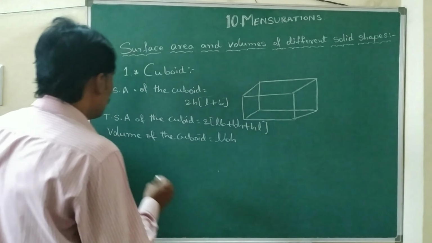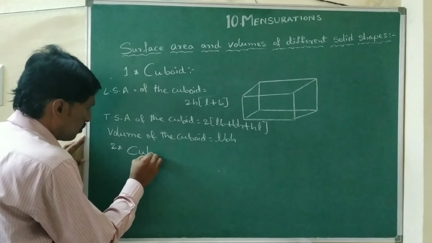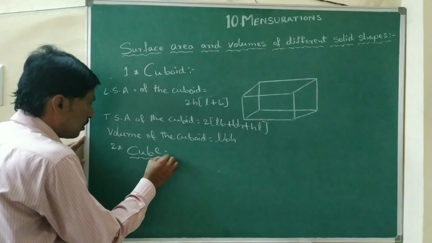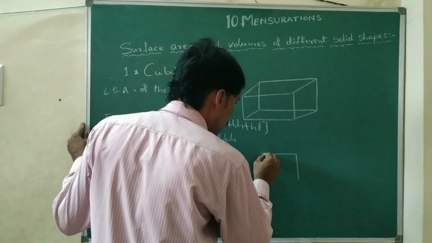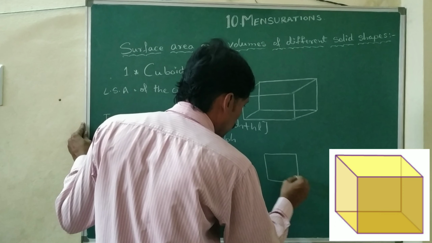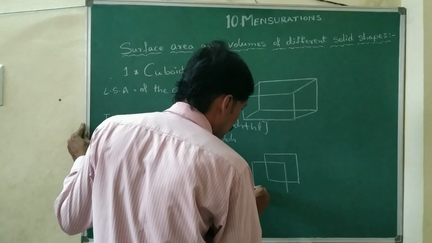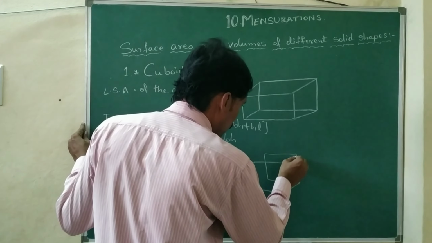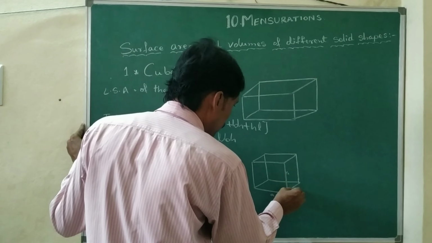Now we can take the cube. In a cube all sides are equal. Just think this is the cube. Here all sides are equal, so a.